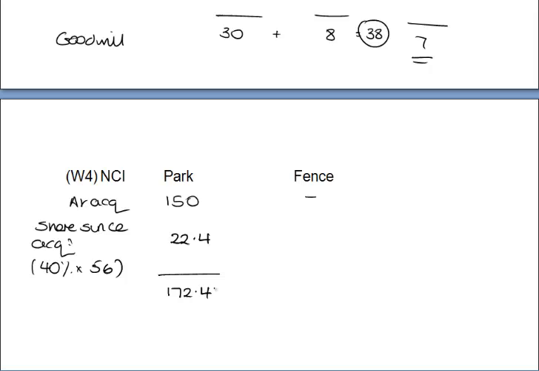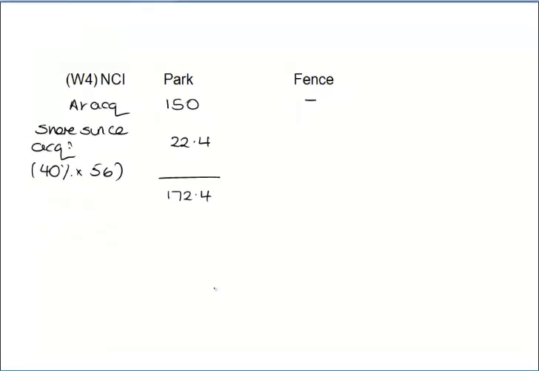But we then have to take into consideration that Grange acquired a further 20% interest from the NCI on the 30th of November X9. So we're going to transfer to the parent. It's 172.4.